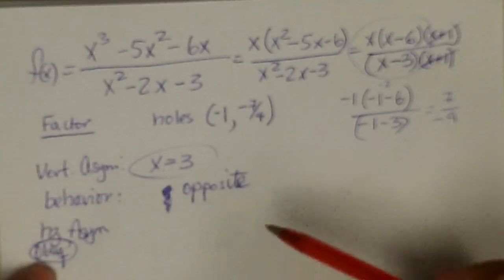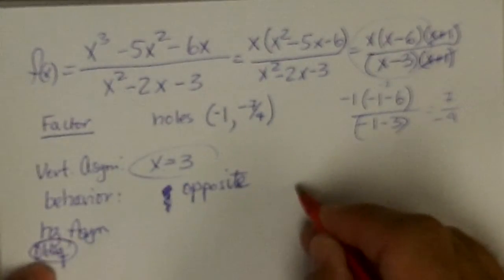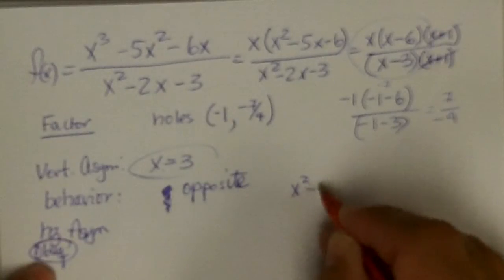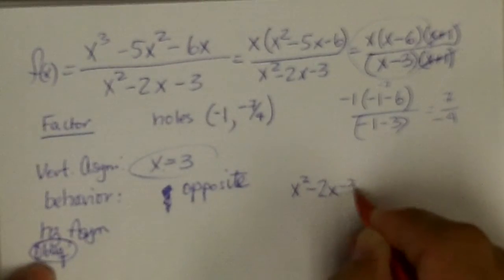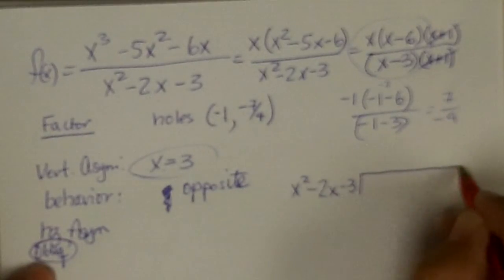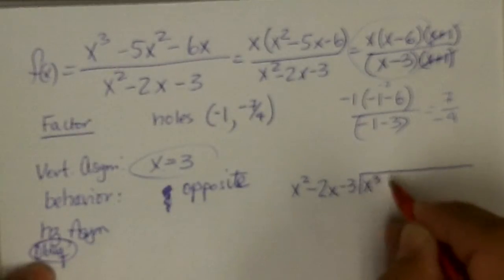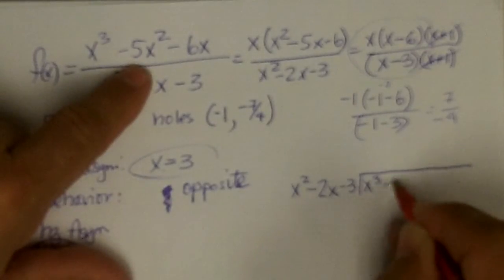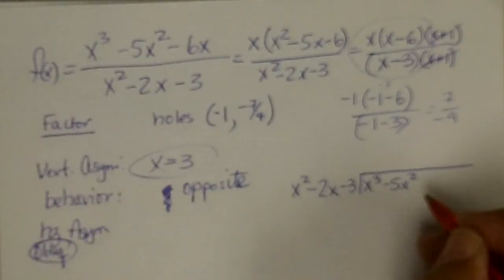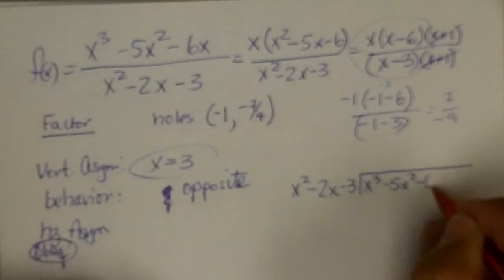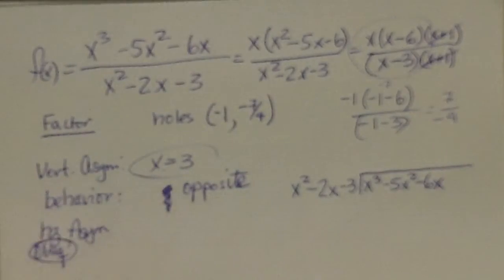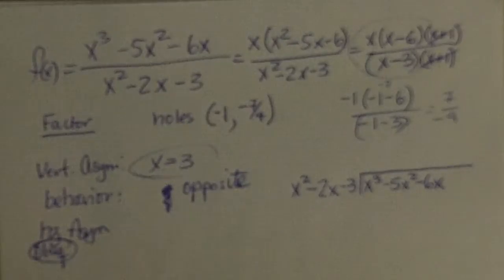Let me do that, because some of you struggle with that. So I'm going to write x squared minus 2x minus 3 into x to the third minus 5x squared minus 6x. Make sure you can see all that.